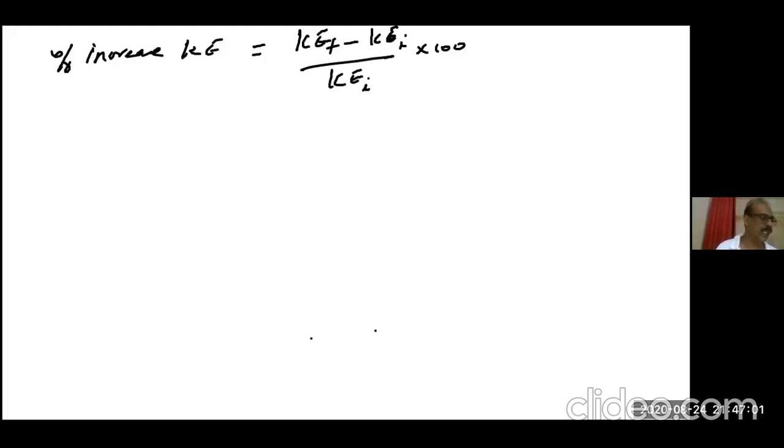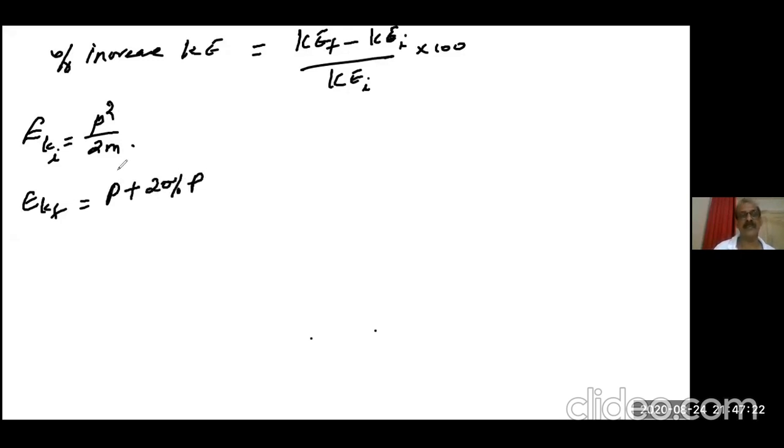Now we need the kinetic energy formula: EK is equal to P squared by 2m. This is the initial kinetic energy, EKI. Now the final kinetic energy after the change in linear momentum of 20% is P plus 20% of P, whole squared, divided by 2m.